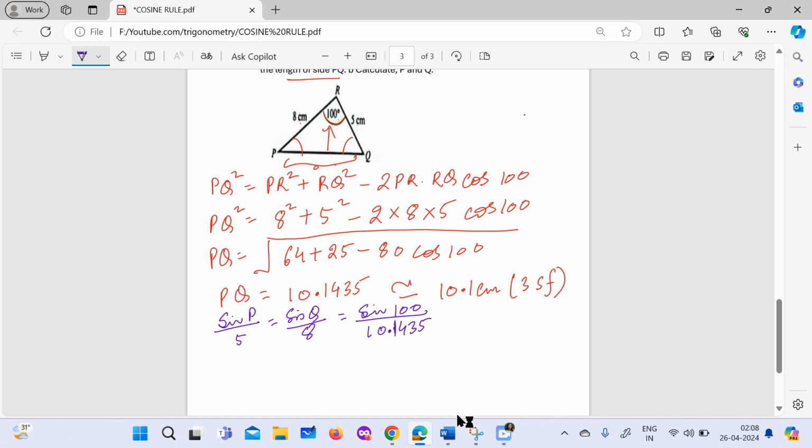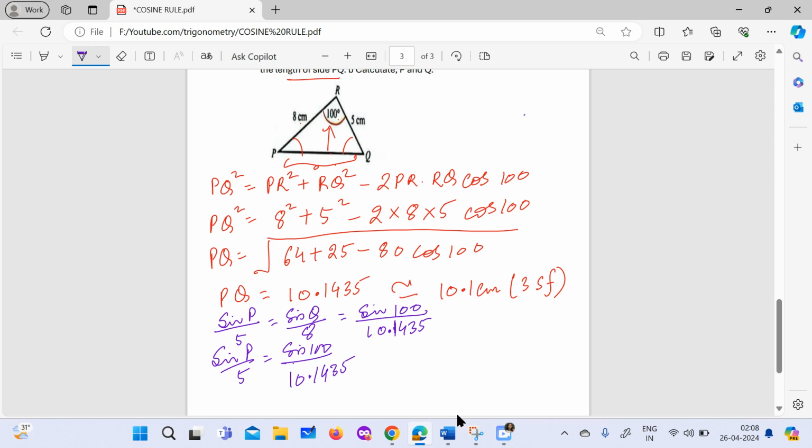Now we can figure out first sine P. So I will write sine P over 5 equals sine 100 over 10.1435.